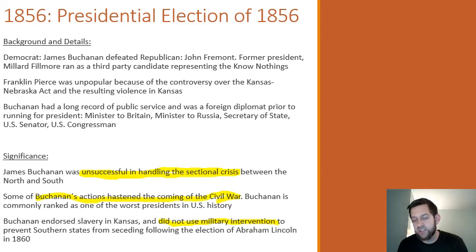I don't think it's legal. But Buchanan also said, there's nothing I can do about it. So we're just going to wait till Lincoln steps into power, and we'll let Lincoln handle the problem. So because Buchanan is such a coward through the Kansas fiasco and through the secession fiasco, that's why historians regularly rank him as the worst president of all time.